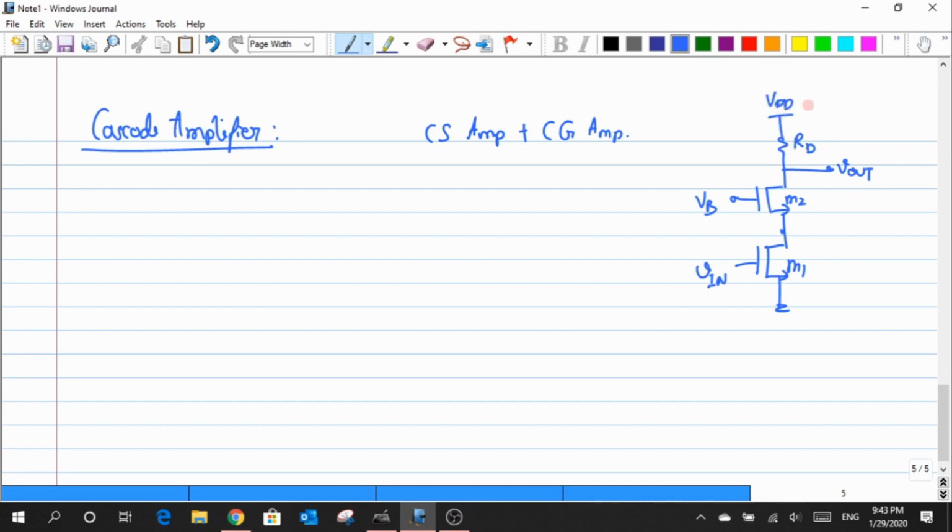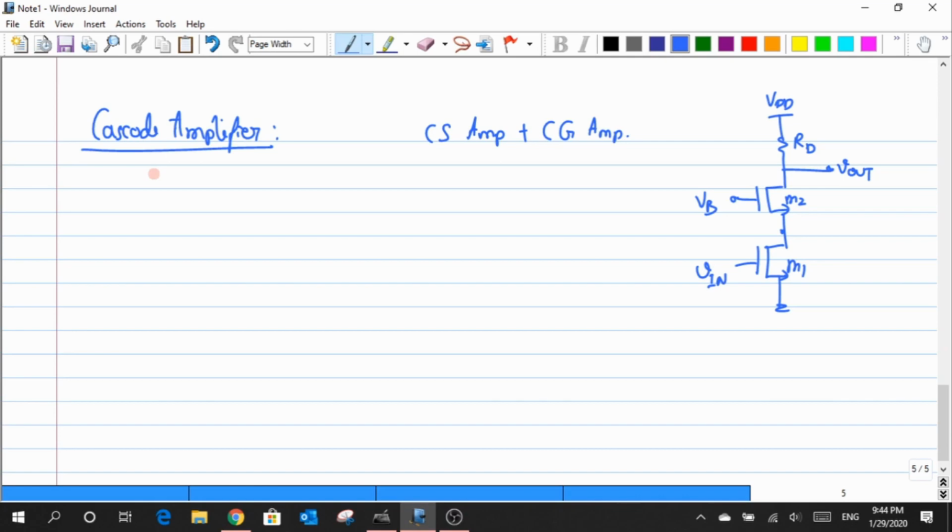Now let me first define a few of the terms here. I just want to work out the Q point, and then later define the swing around those Q points. And once we are comfortable with those definitions, we'll get into a problem.